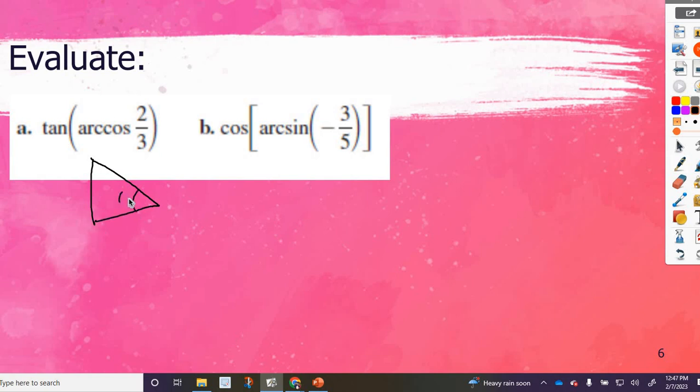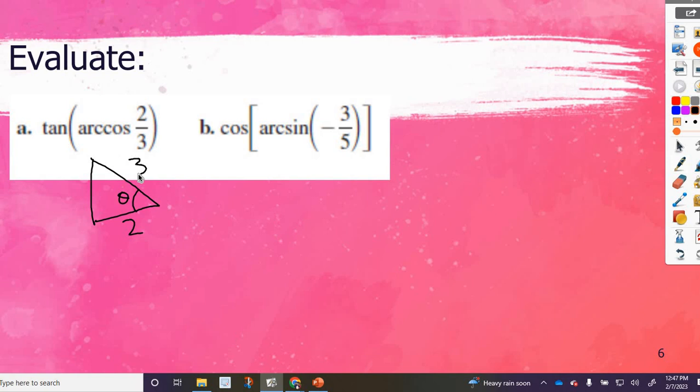So I don't know what angle this is. I know that it's a lovely triangle, but I know that cosine is 2/3. So cosine is what ratio? Okay, so I know that my adjacent has to be 2. My hypotenuse has to be 3.